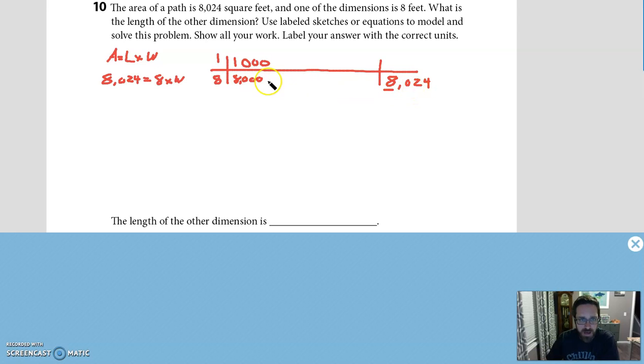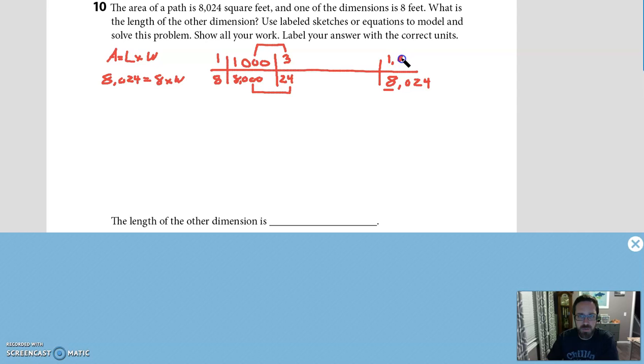Now, how far away from 8,024 am I? I'm only 24 away. So now we're already down to just knowing basic facts. 8 times what gets me closest to 24 without going over? Well, because I know my facts, 8 times 3 is 24. Now, 8,000 plus 24 gets me my 8,024. So then I have to add those together. So how many groups of 8?